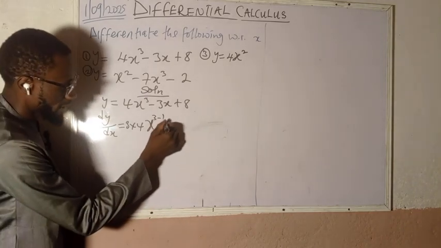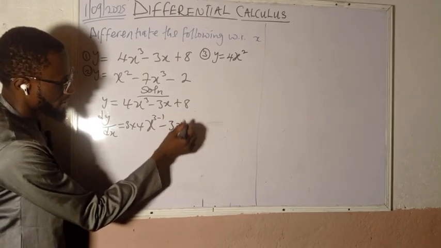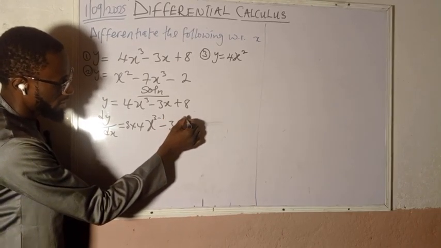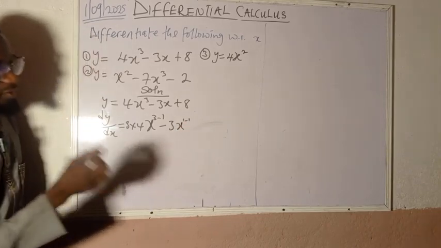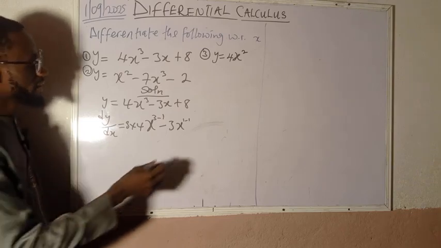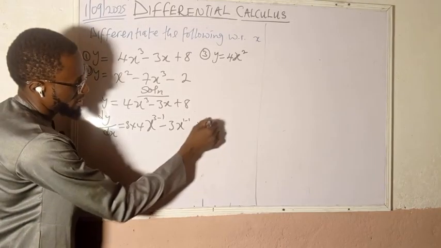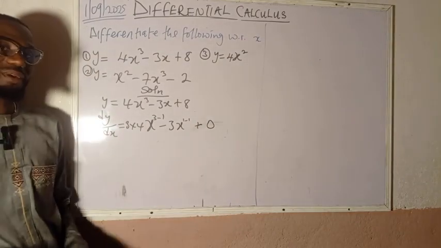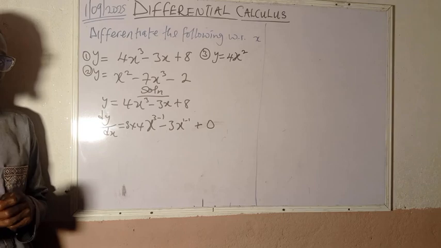Then here we have minus 3x raised to the power 1 minus 1, because we assume the power is 1. Then plus 0, because differentiating any constant term gives 0.